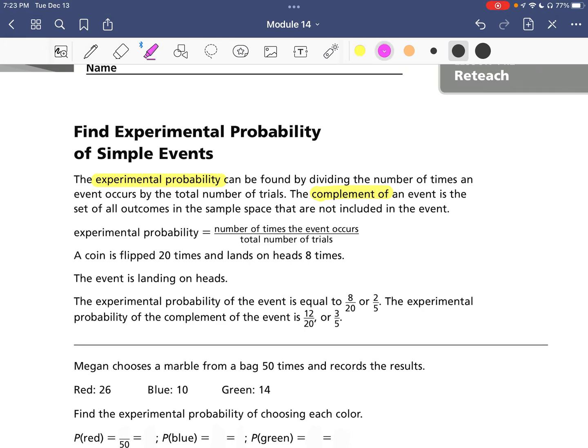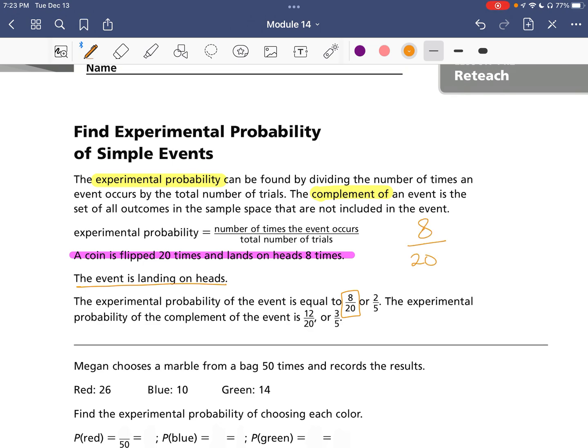So for example, we're talking here about a coin that was flipped 20 times. So you have a coin, you're flipping it 20 times, and 8 times it lands on heads. Your event is landing on heads, so that's what we're focusing on. So the experimental probability will be 8 out of 20.